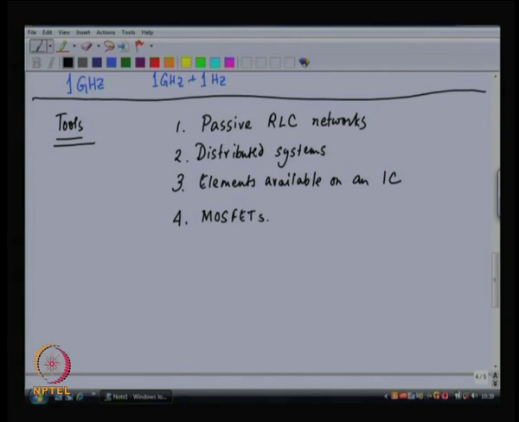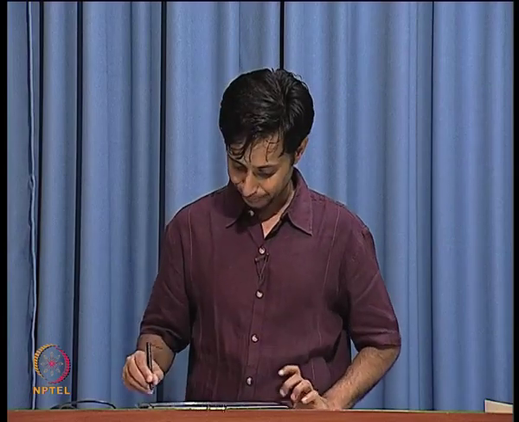Only after we cover all of these four aspects are we going to be able to start with low noise amplifiers. So, it is going to be a while before we are able to do that. Most probably we will not be able to start with our objectives in the first half of this course. So, LNAs will start only in the second half, most probably.